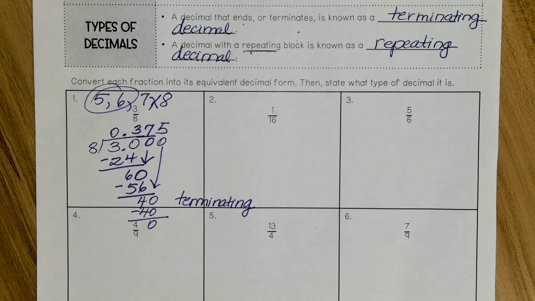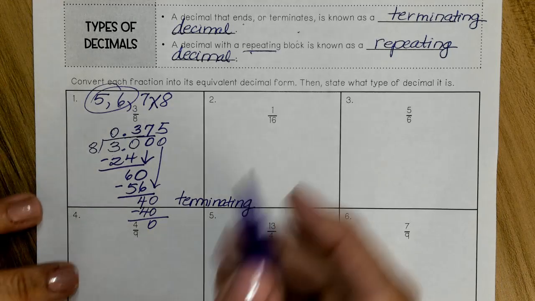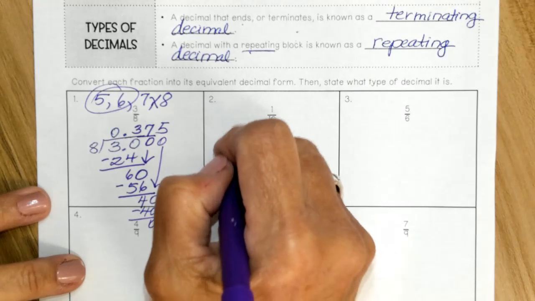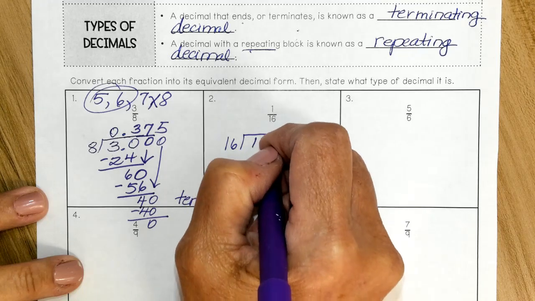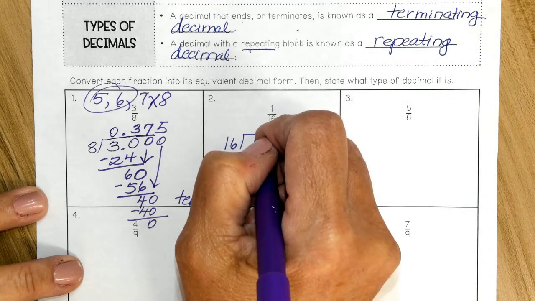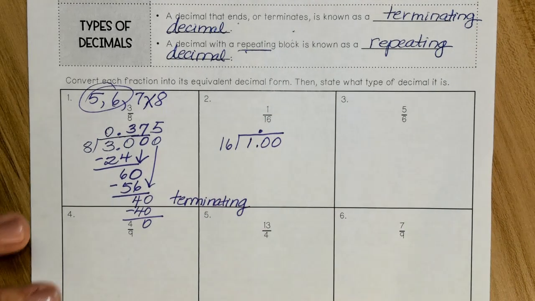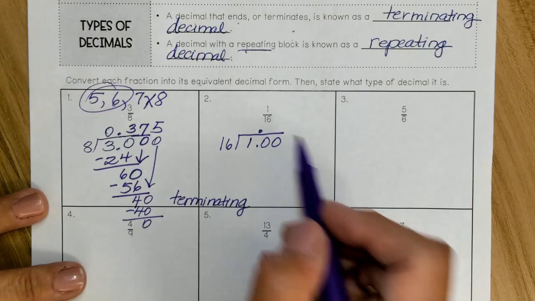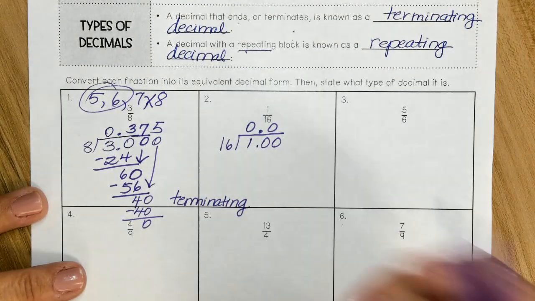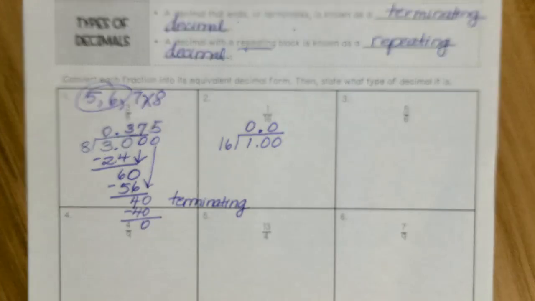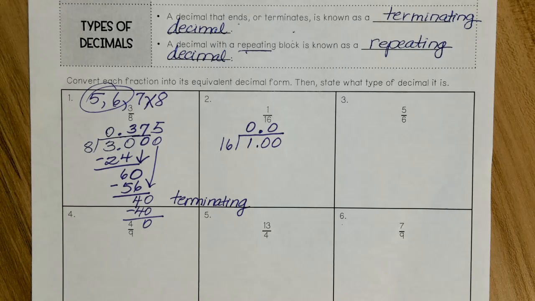Okay, now let's look at number 2. We're going to divide 16 into 1. 16 won't go into 1. 16 won't go into 10. But 16 will go into 100.